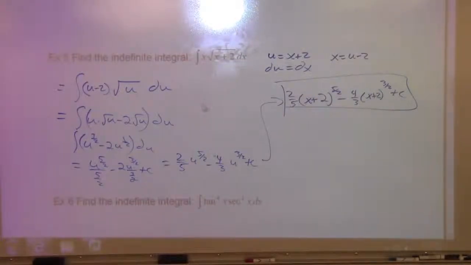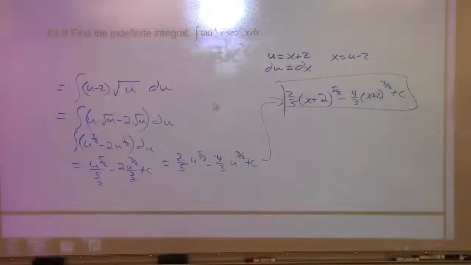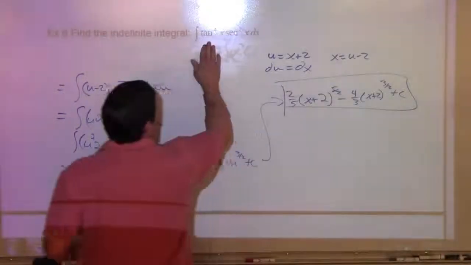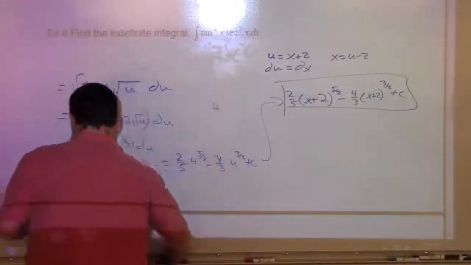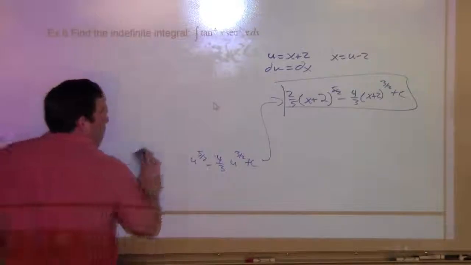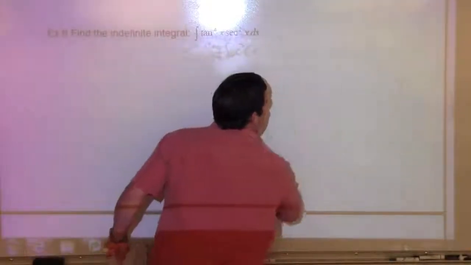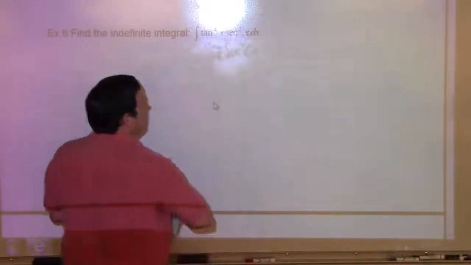Okay, we're going to go on to example 6, and we saw something like example 6 already. We saw before tangent squared x, secant squared x. But if we recall, secant squared x is the derivative of tangent x.